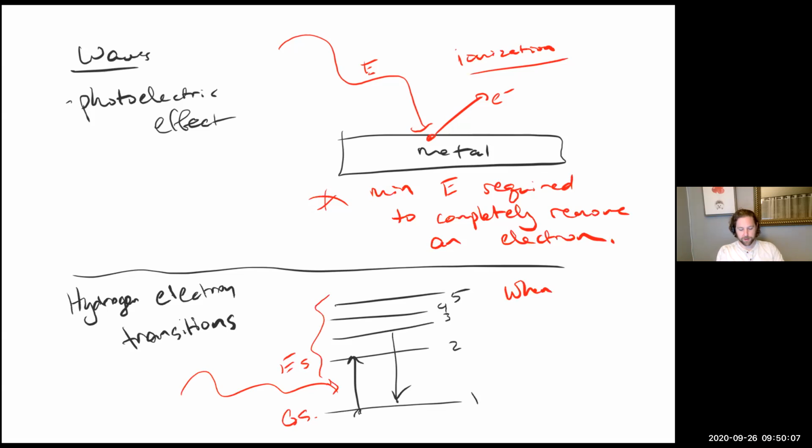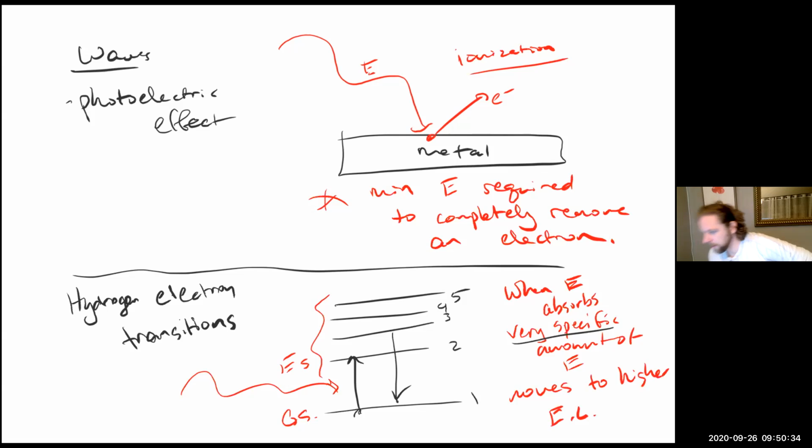When an electron absorbs a very specific amount of energy, it moves away from the nucleus, which another way to say it is moves to a higher energy state or energy level. So we can see that as our first example with the arrow A. That's where it moves to a high energy state.